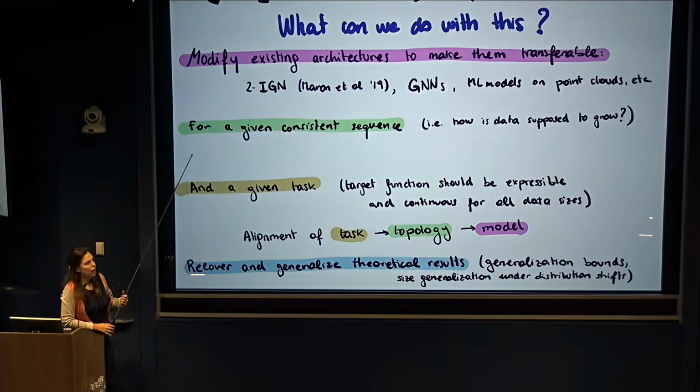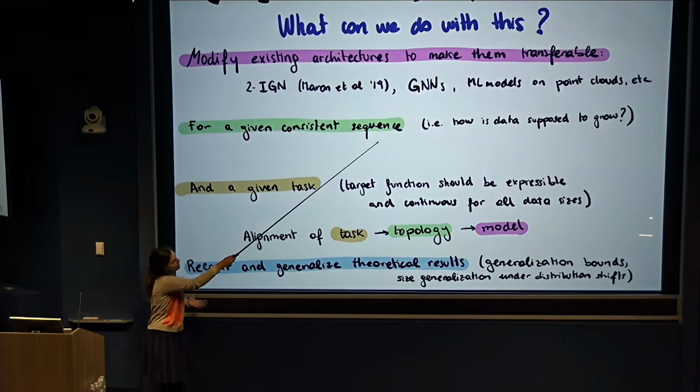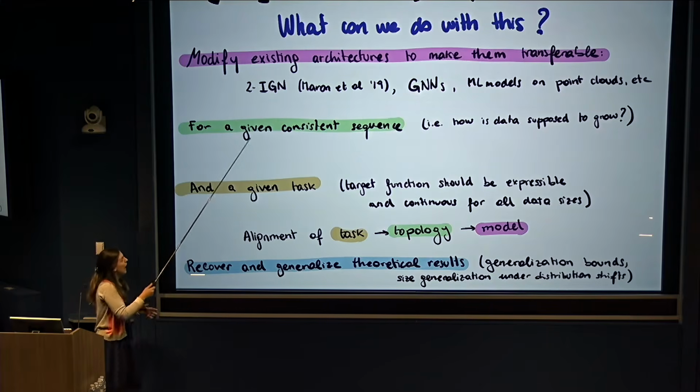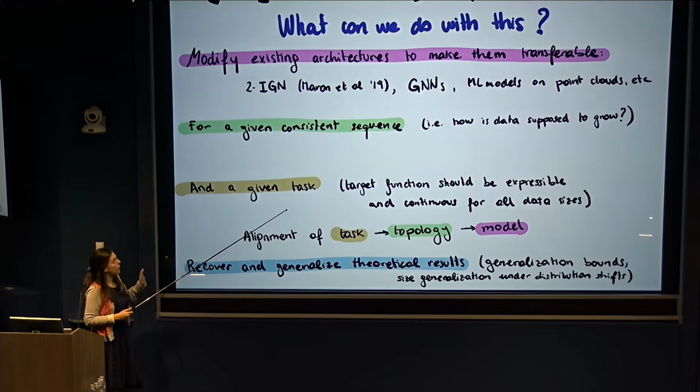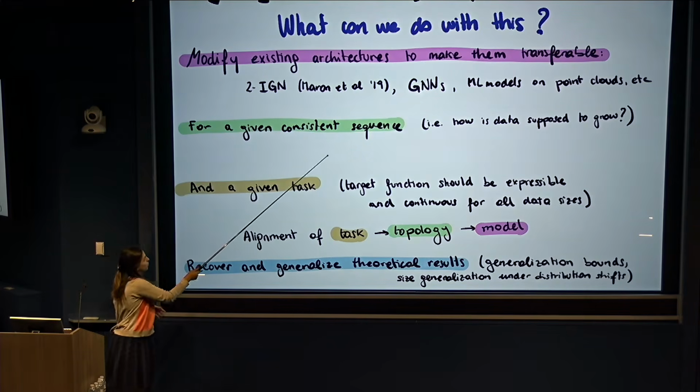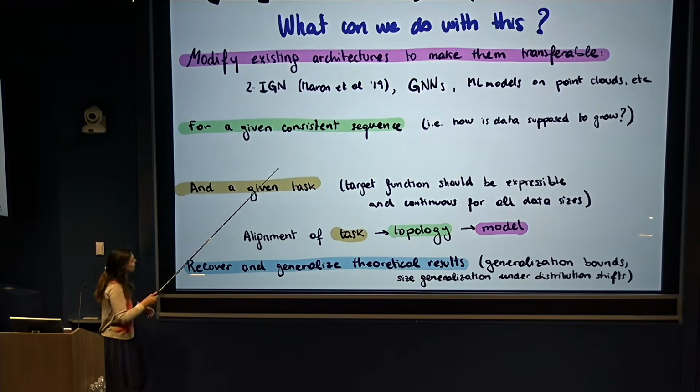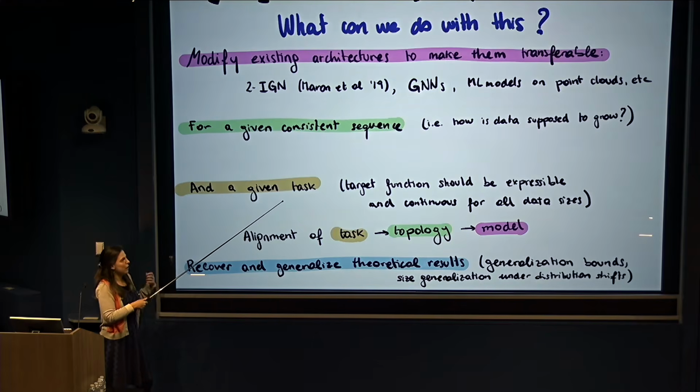What we do with this is modify existing equivariant architectures to make them transferable. For instance, we can look at different GNNs, machine learning models on point clouds and so on, and make them transferable with respect to the conditions of my problem. So how are my objects supposed to grow? What are the consistent sequences? The underlying task that I need to learn needs to be expressible by these models, and it needs to be continuous with respect to the topology that I get in the limit.